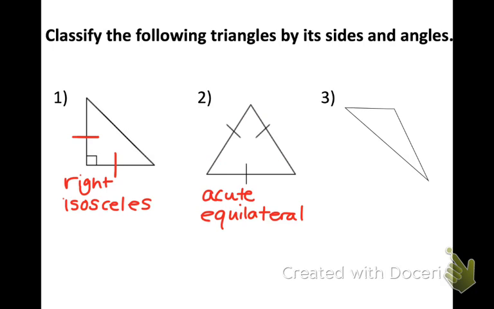Number 3, what type of angle? I'm not even going to answer this one. It is scalene. Do you have 3 acute angles in there? Do you have a right angle? No. Do you have an obtuse angle? Yes. So obtuse, scalene.